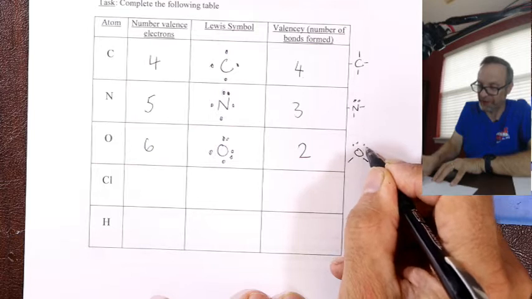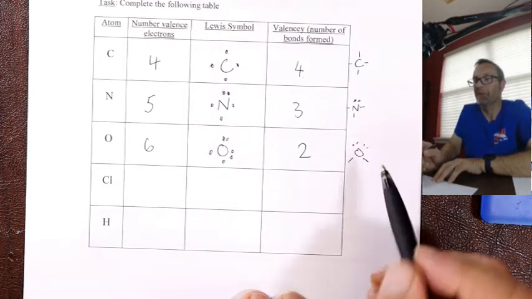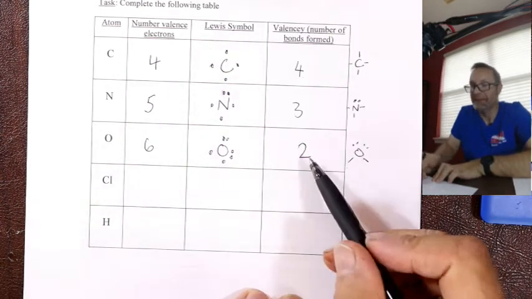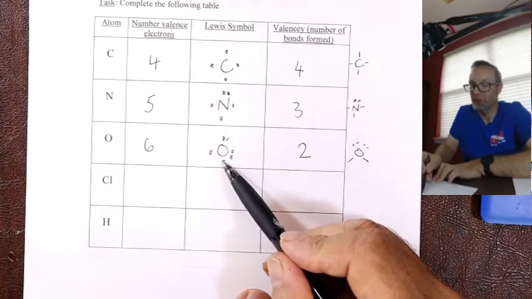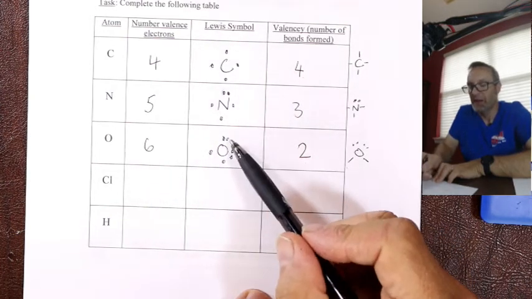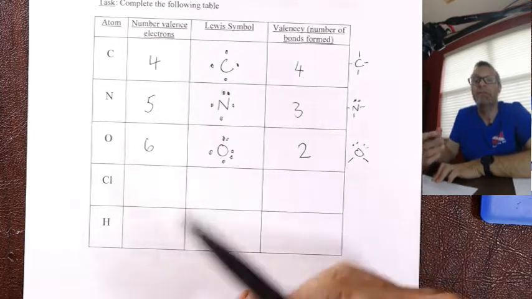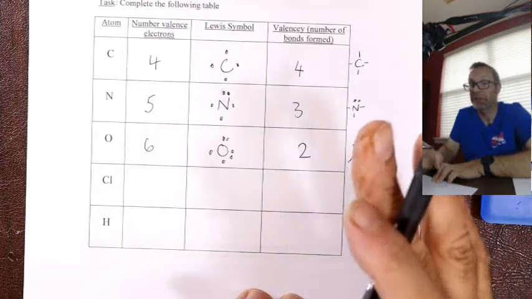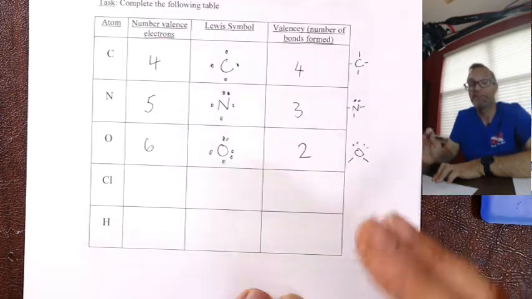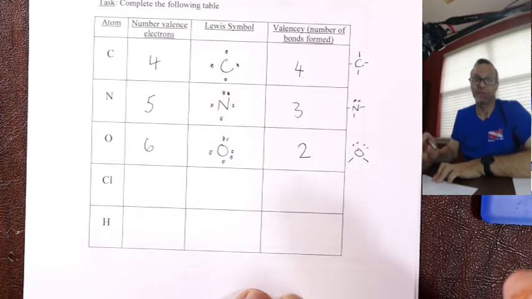If you remember water, H2O, there'd be an H on the end of both of those sticks, right? So oxygen, 2 unpaired electrons makes 2 bonds. It has a valency of 2. Now be careful, right? Because oxygen has 6 valence electrons, but it doesn't make 6 bonds. It makes only 2 bonds. So 6 valence electrons, valency of 2.